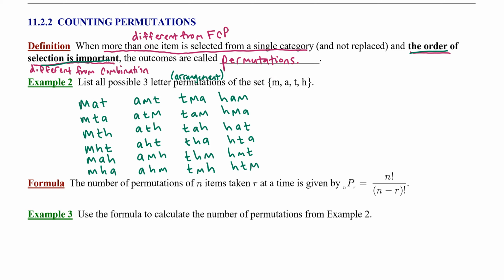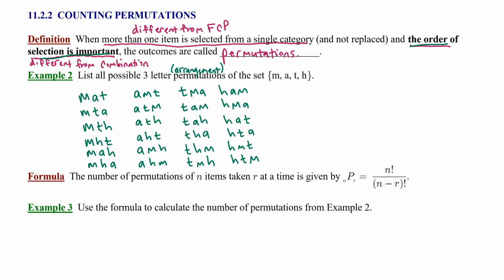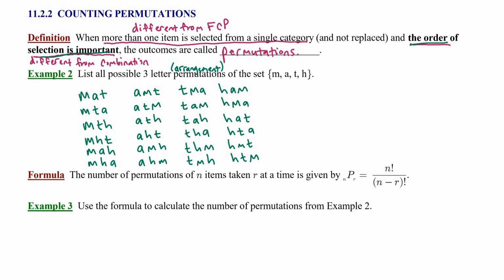So instead of listing those, there is a formula for counting the number of permutations. Here's the formula for permutations. The number of permutations of n items, that's the total number of items that I have, taken r at a time, so that's the subset I'm taking, is given by, we're going to read this nPr, and it's equal to n factorial on the top, the total number.